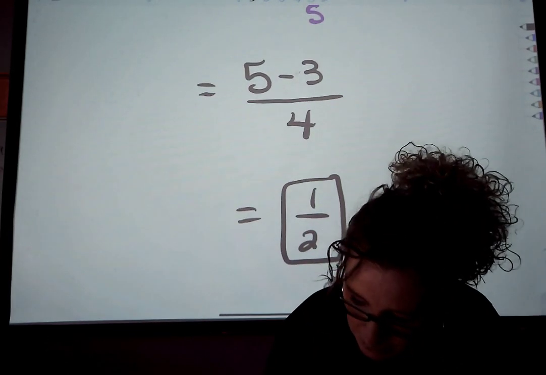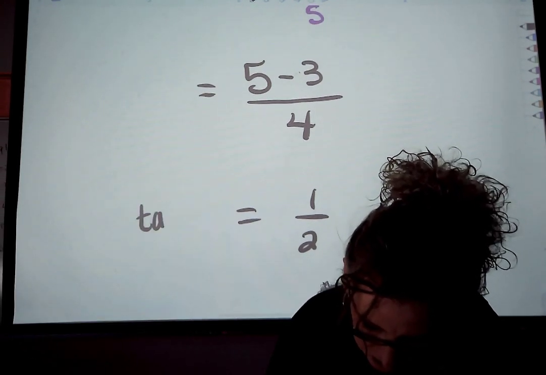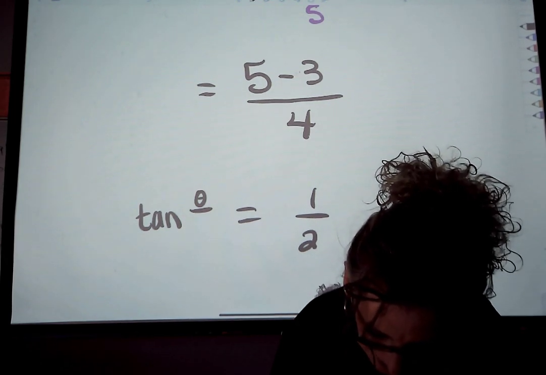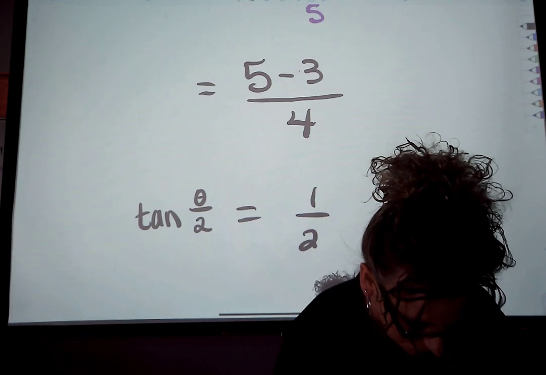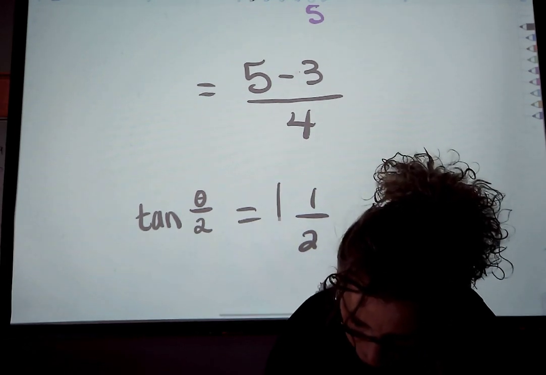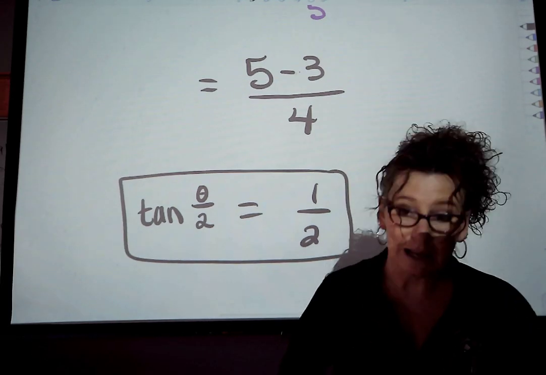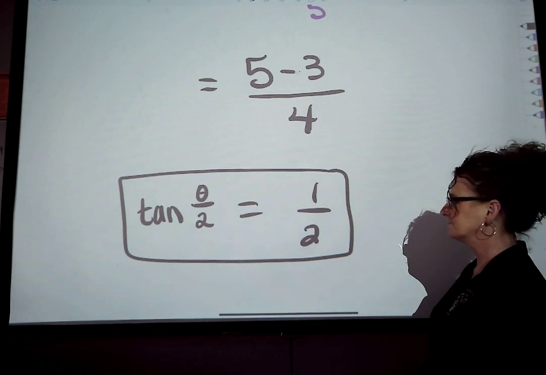And what'd I end up finding? I ended up finding tangent of theta over 2. And I get positive 1/2. So it was quadrant 1.